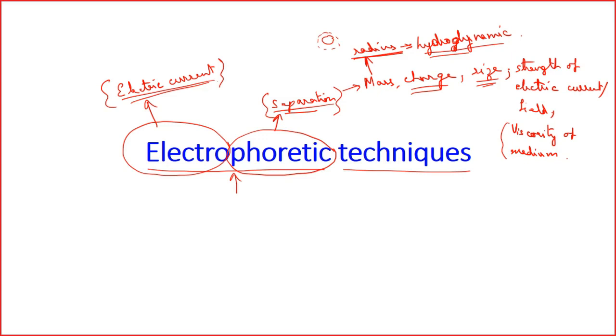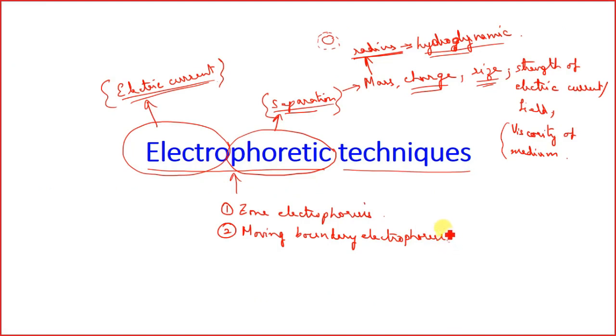Then there are two types of electrophoretic techniques. First type is zone electrophoresis, and the second type is moving boundary electrophoresis. So this you need to know.